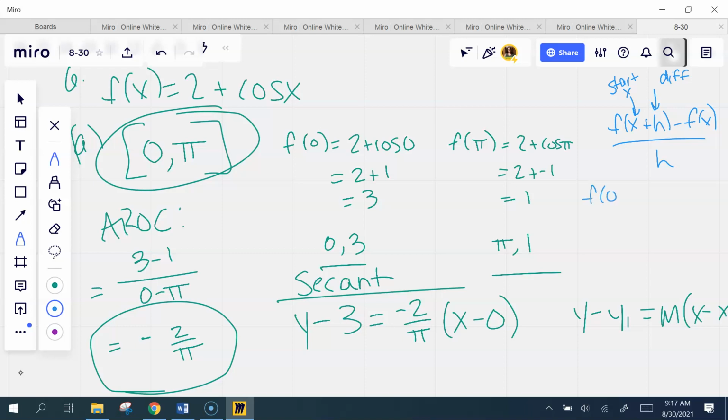So I'm going to do f of 0 plus, what's the difference from 0 to pi? How far is that? It's pi. Minus f of 0, because I'm using that x as my start, and my difference is pi. Hopefully, I come back to negative 2 over pi.